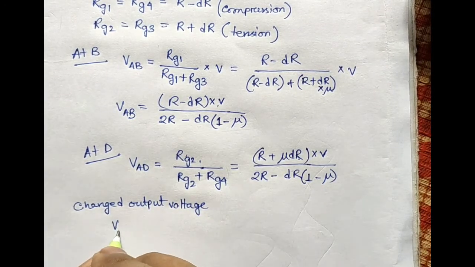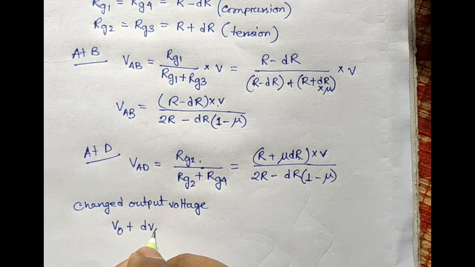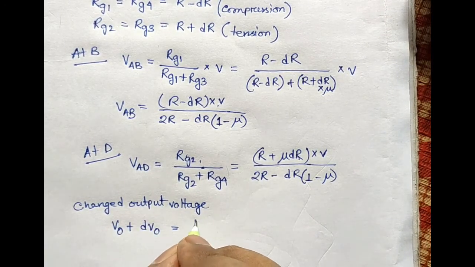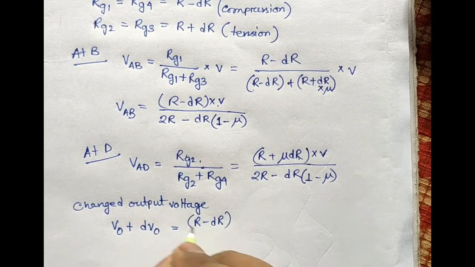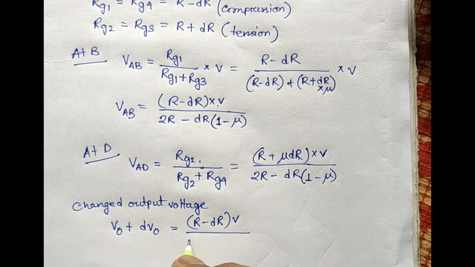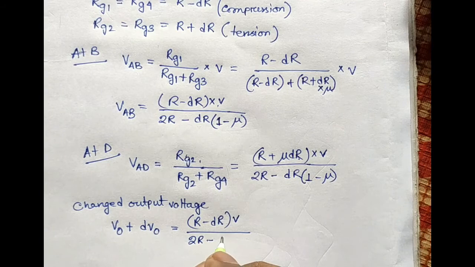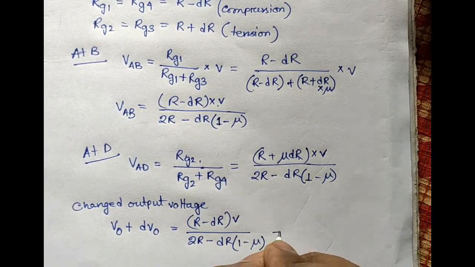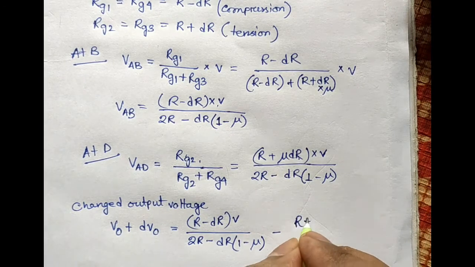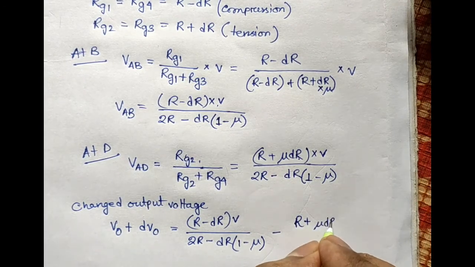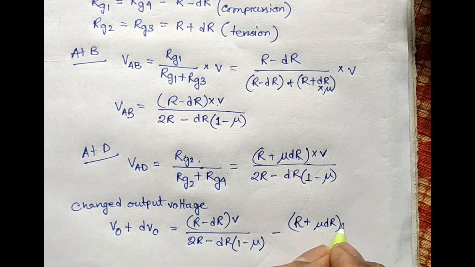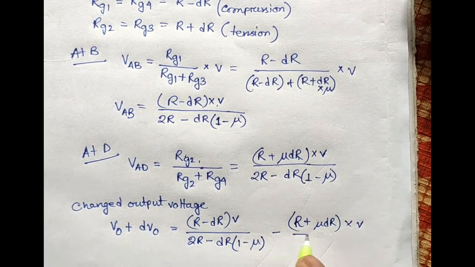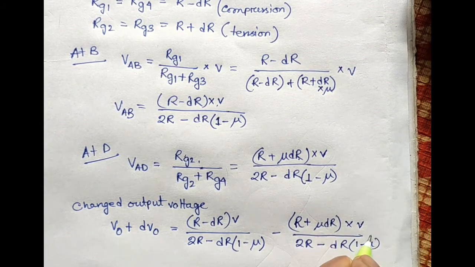The changed output voltage, V0 plus dV0, will be equal to R minus dr times V over 2R minus dr times 1 minus mu, minus R plus mu dr times V over 2R minus dr times 1 minus mu.